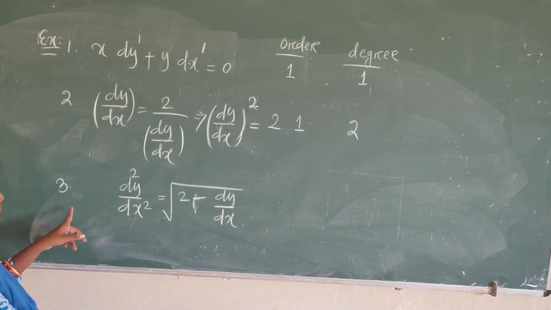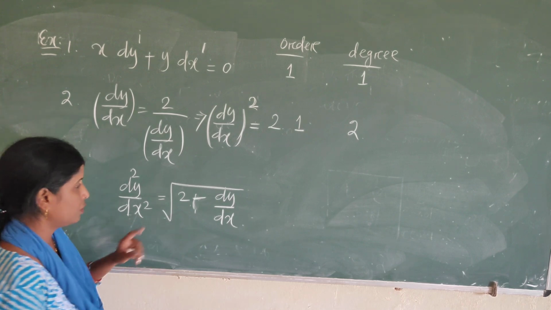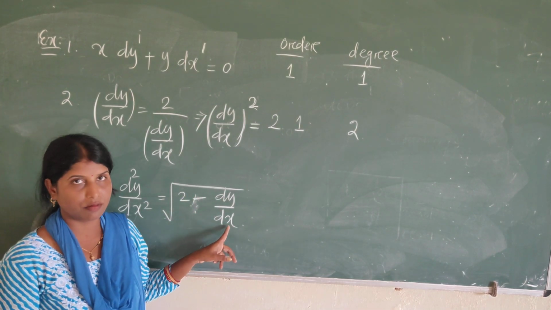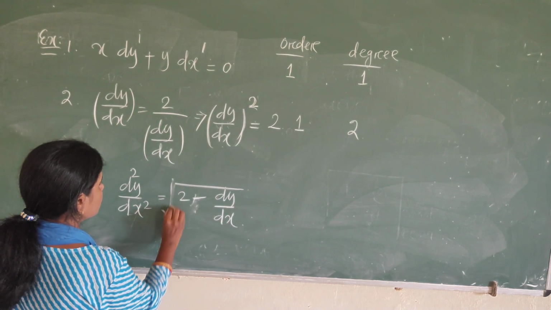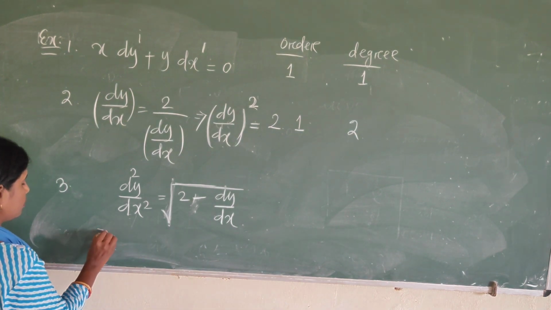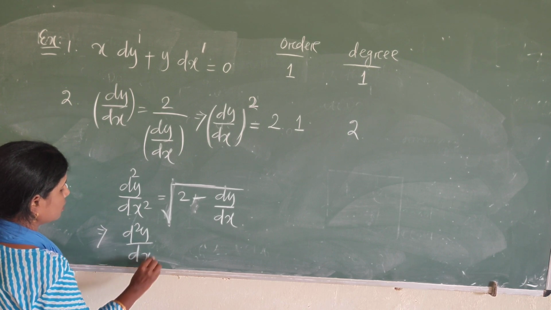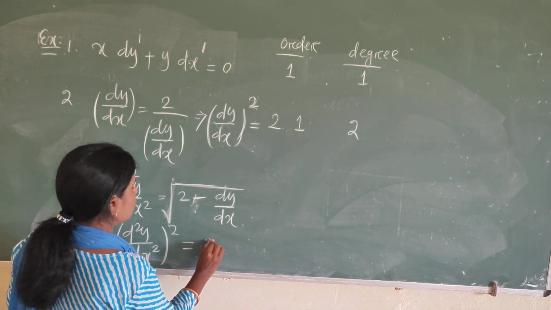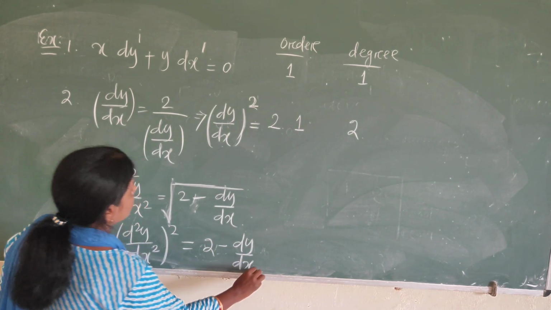Then going to third example, d square y by dx square equal to square root of 2 minus dy by dx. First we have to remove this radical by squaring both sides. D square y by dx square whole square equal to 2 minus dy by dx.